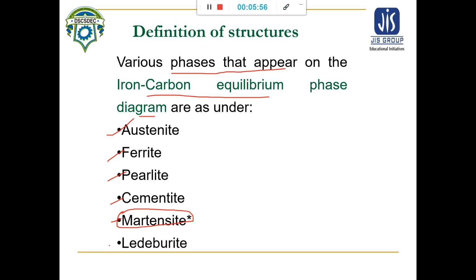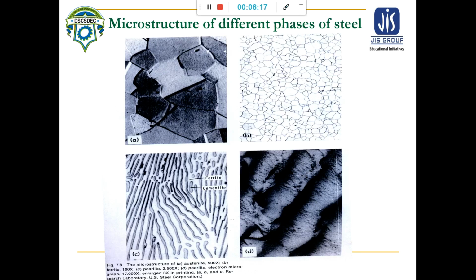And another is ledeburite. These are the types of phases that can occur in the iron carbon equilibrium phase diagram, and we will see the structure and definition of these structures.